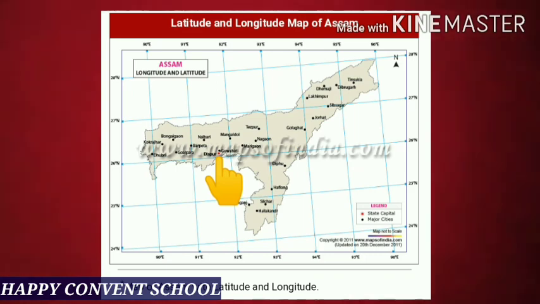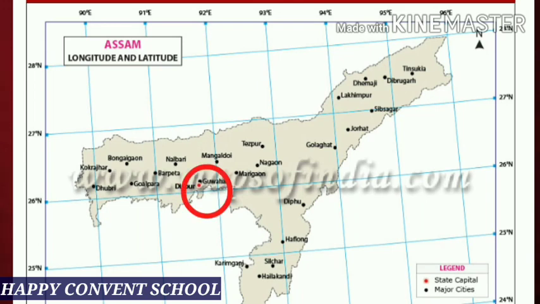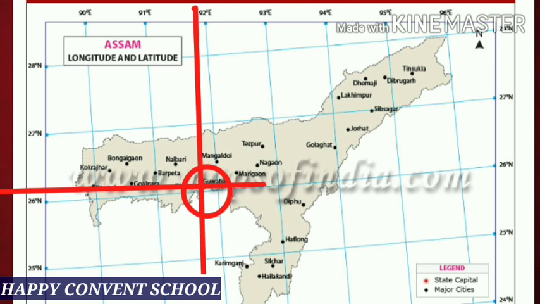So what we will do, just take a ruler and a pencil and draw a straight horizontal line and a vertical line, but make sure that the two lines intersect each other at that particular point. Okay, now just look at the above, in which degree it cuts.